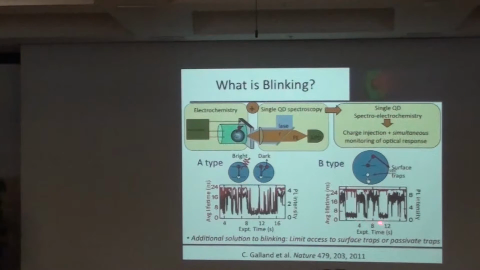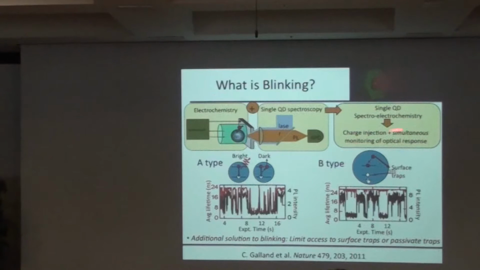In contrast, we saw very different behavior over here in the case of this quantum dot, where the intensity is fluctuating, but the lifetimes are not. And so here we needed to invoke a different mechanism that didn't involve charging and didn't involve Auger recombination. And what we believe is happening here is that hot carriers, and this is what's shown here as a hot electron, a highly energetic electron, is just jumping out into a surface state temporarily and then coming back in.